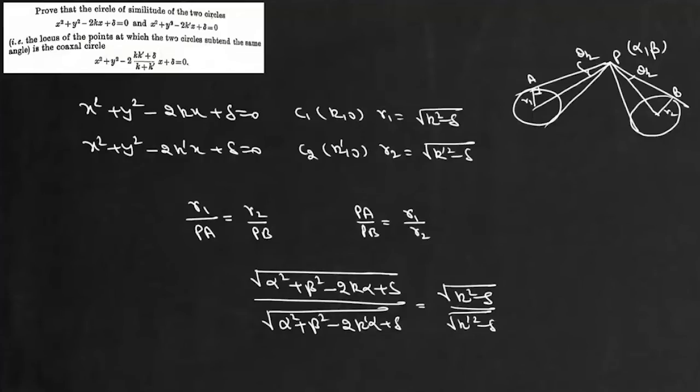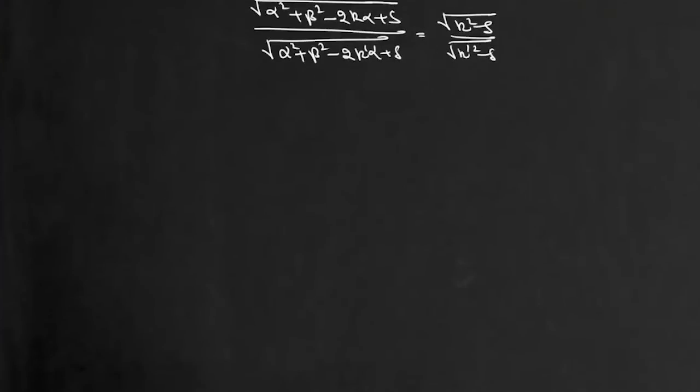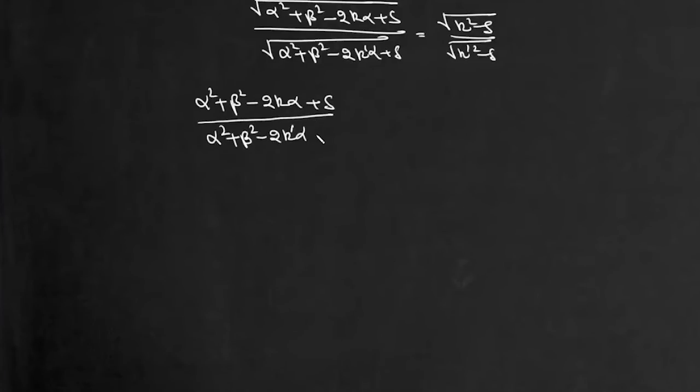And if we square it, we can write this as alpha square plus beta square minus 2k alpha plus delta upon alpha square plus beta square minus 2k dash alpha plus delta, and it will be equal to k square minus delta upon k dash square minus delta. Now we know that if a upon b equals c upon d, then a upon a minus b will be equal to c upon c minus d.